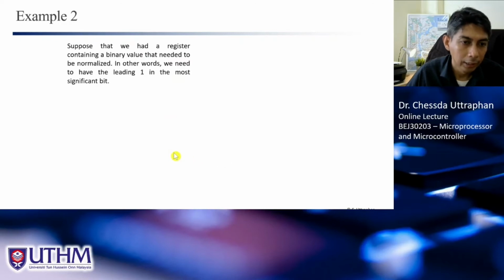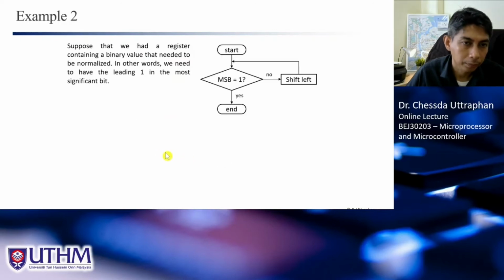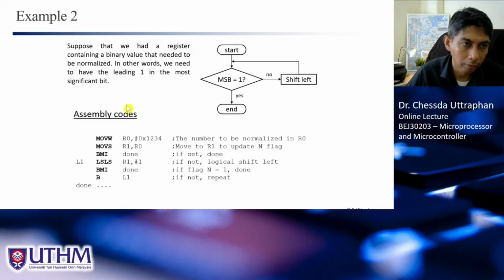Simple. The next one is what we call normalization, or in other words, we want to have in R0 this value, we want to normalize this value where we want to have the MSB equal to 1, meaning that we need to shift left until we have MSB equal to 1, right?